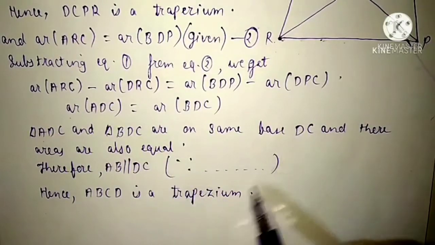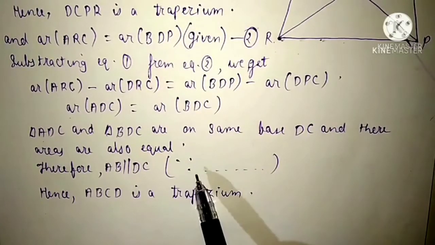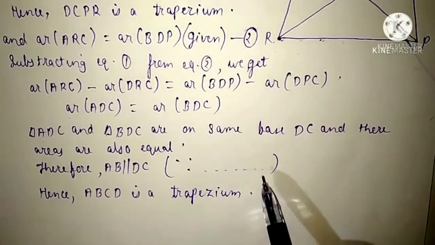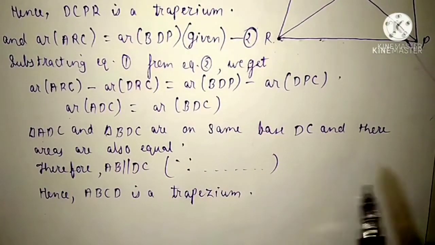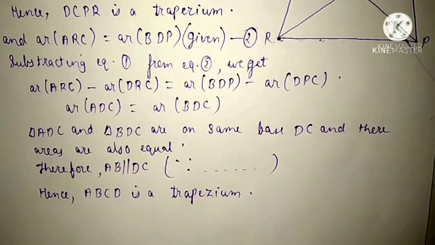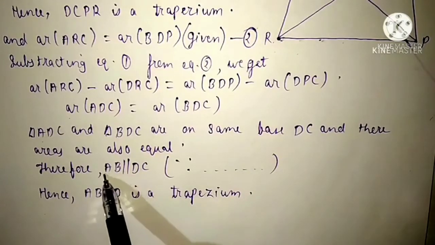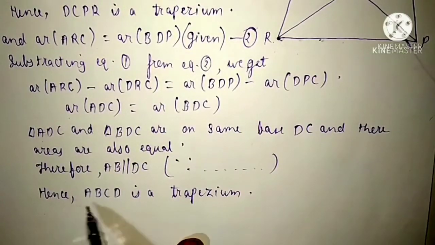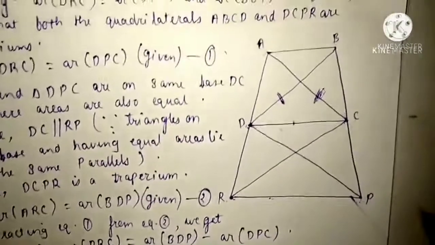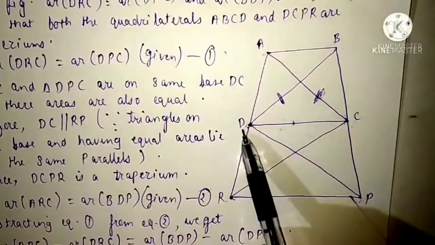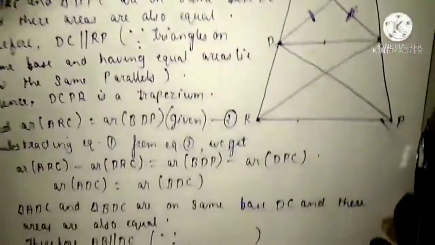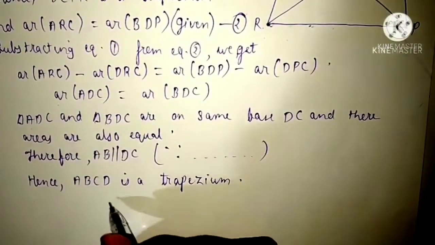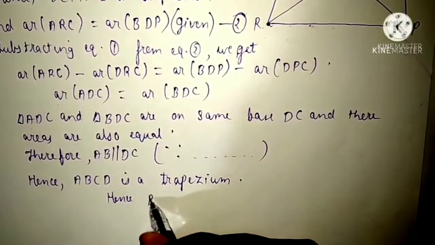And here in reason we will write the same thing, since triangles on same base and having equal areas lie between the same parallels. Now if these two sides are parallel, that means ABCD is a trapezium. This ABCD is also a trapezium. So at last we can write hence proved.